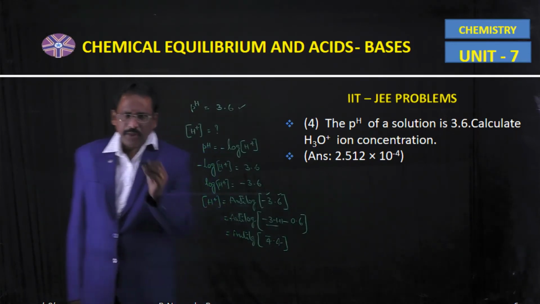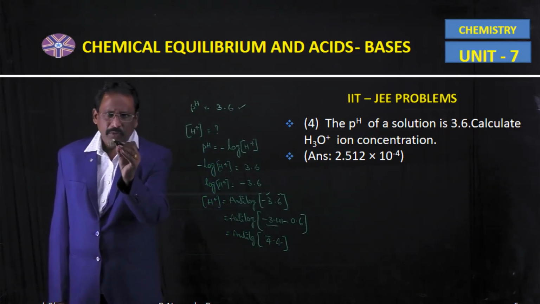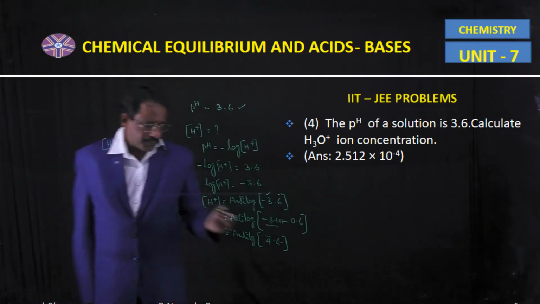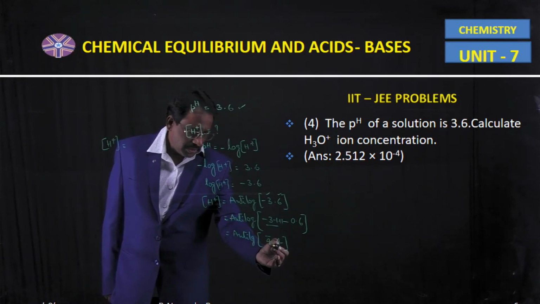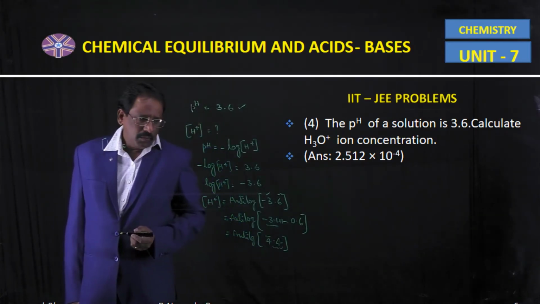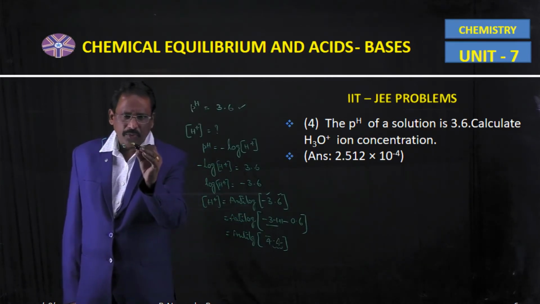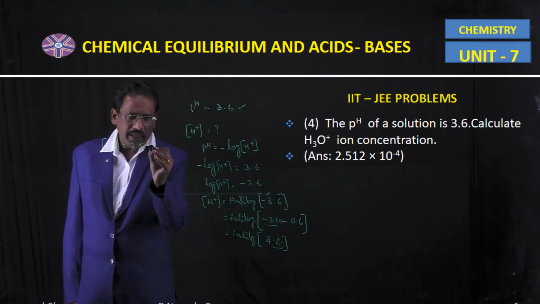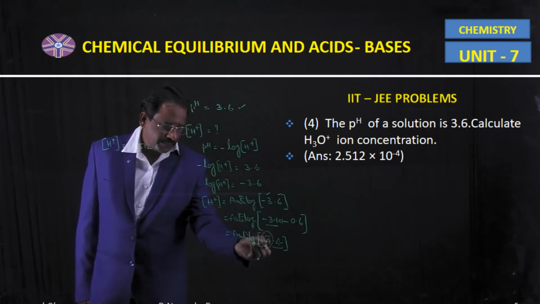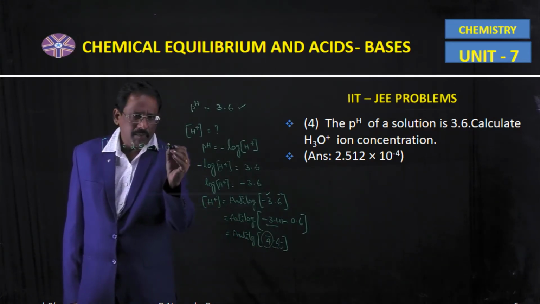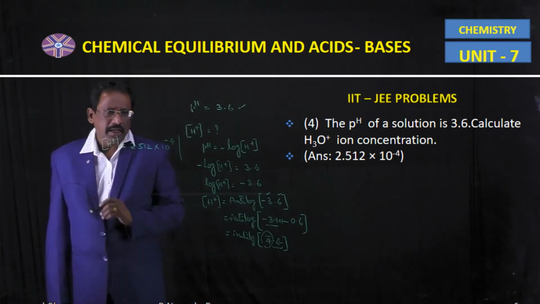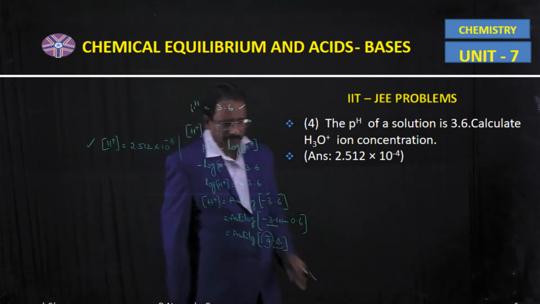Now therefore H plus ion active mass is equal to anti-log of 0.4, which is equal to 2.512 into 10 power minus 4. So this is the H plus ion active mass.